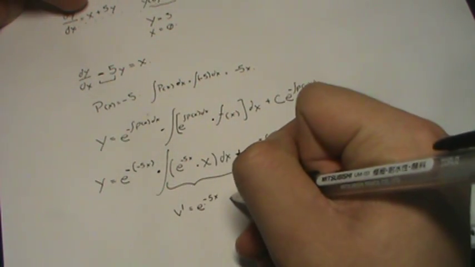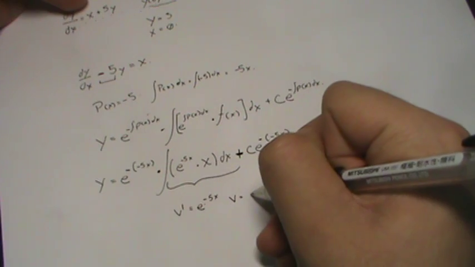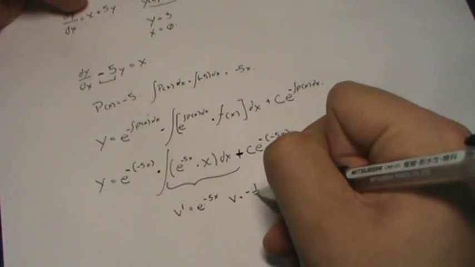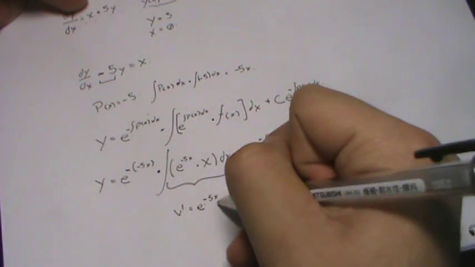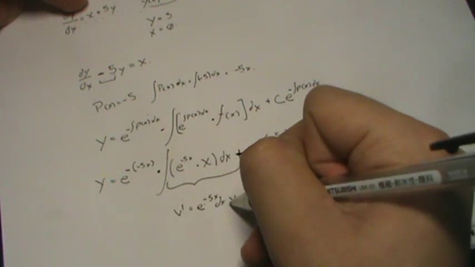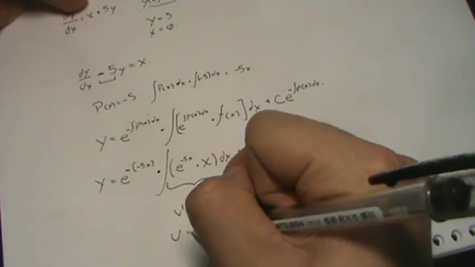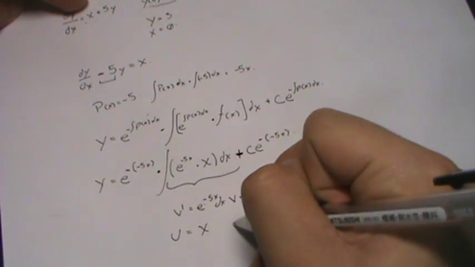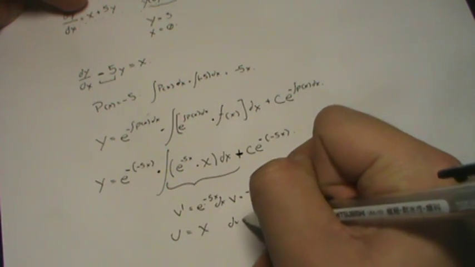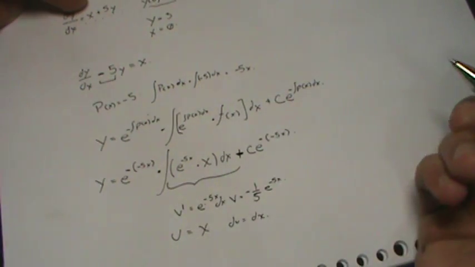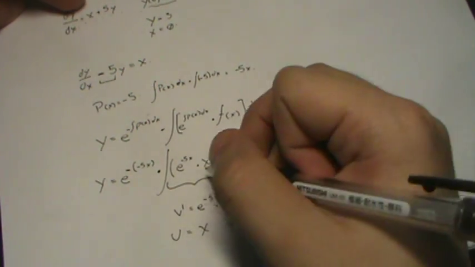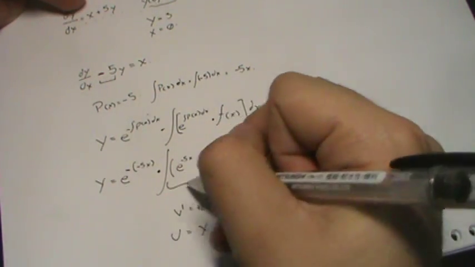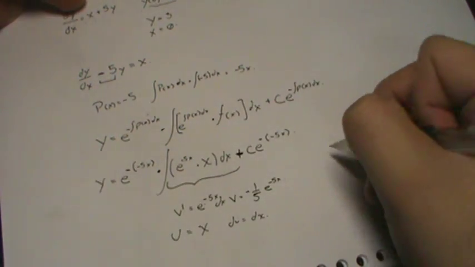So the integral of this v is equal to minus 1/5 of e to the minus 5x, with dx also in here, and then u is equal to x, and du is just equal to dx. Just as easy as that.